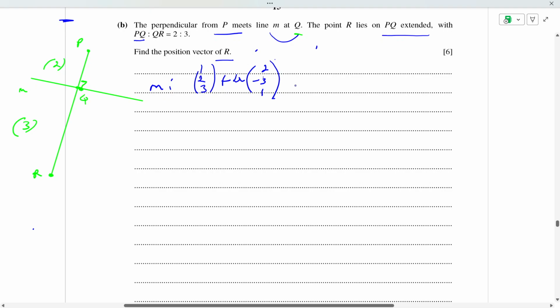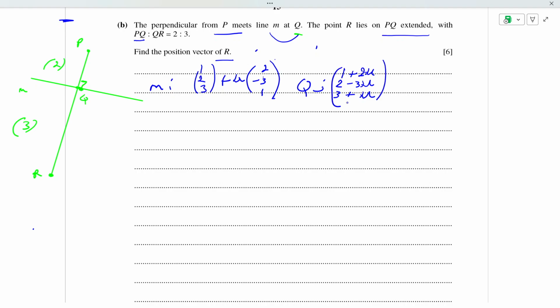And point Q, we know that at point Q it would be (1, 2, 3) plus mu times (2, -3, 1), that is, 2 mu, minus 3 mu, plus mu. It's only that mu will assume a certain value. We want to find what that mu value will be.